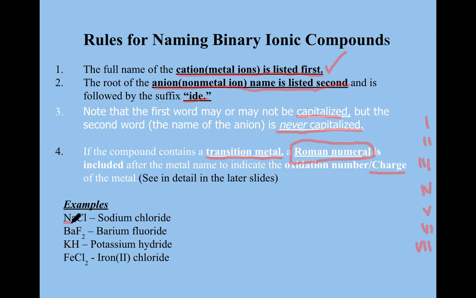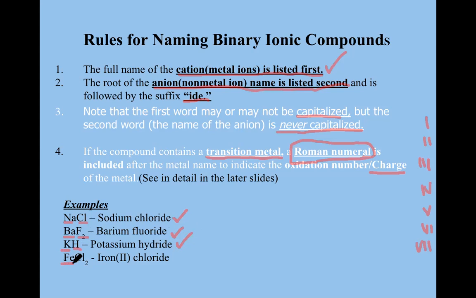NaCl. What is the name of that? Na is sodium, Cl is chloride. Ba is barium, F stands for fluorine, so barium fluoride. K stands for potassium, H stands for hydride, so potassium hydride.